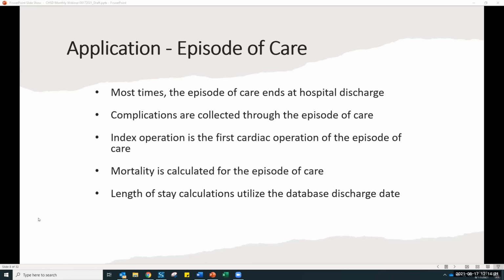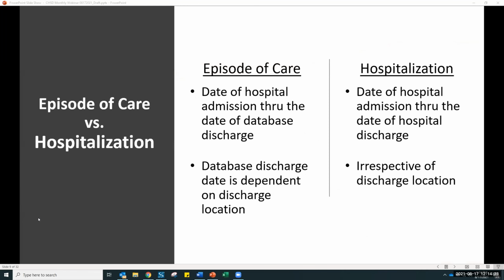Next slide. Okay, so episode of care versus hospitalization. You probably understand this by now, but I thought it was important to put it on another slide. Again, the episode of care is the date of hospital admission through the database discharge date. And this database discharge date is dependent on your discharge location. So if you discharge home, then your episode of care will end at the time of your hospital discharge.